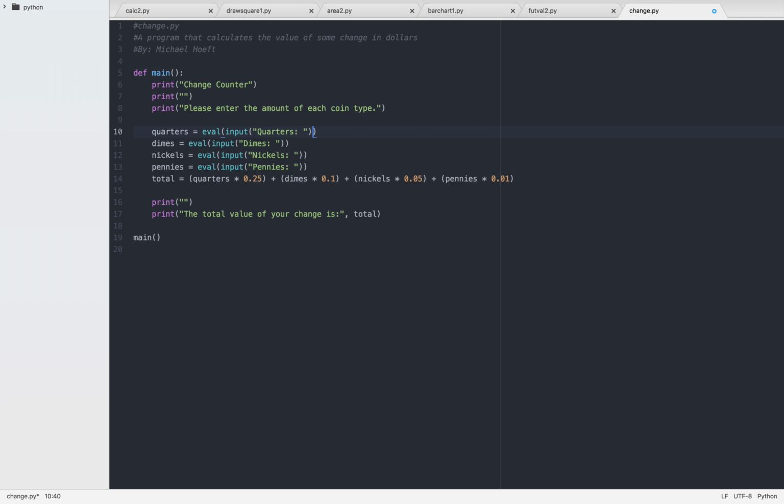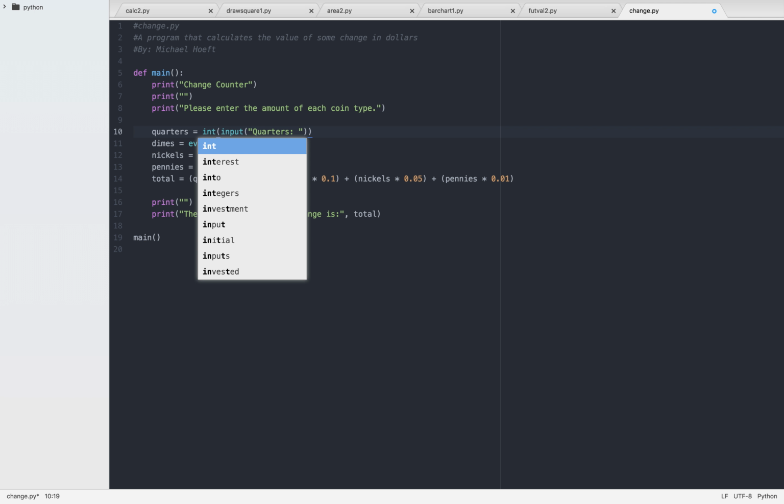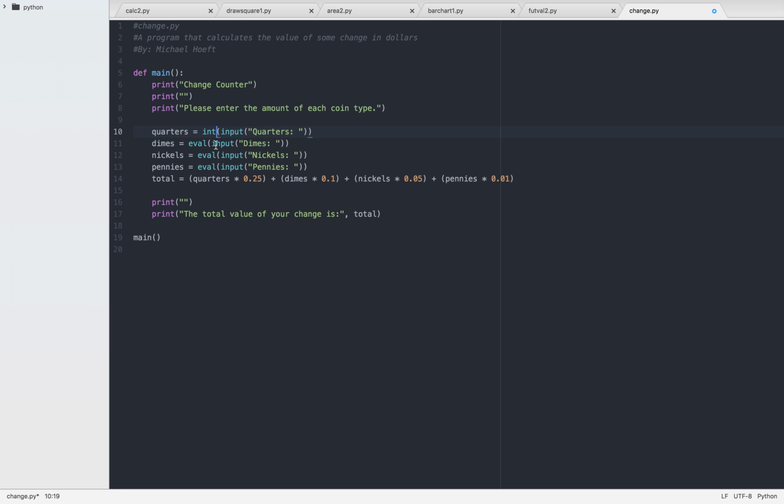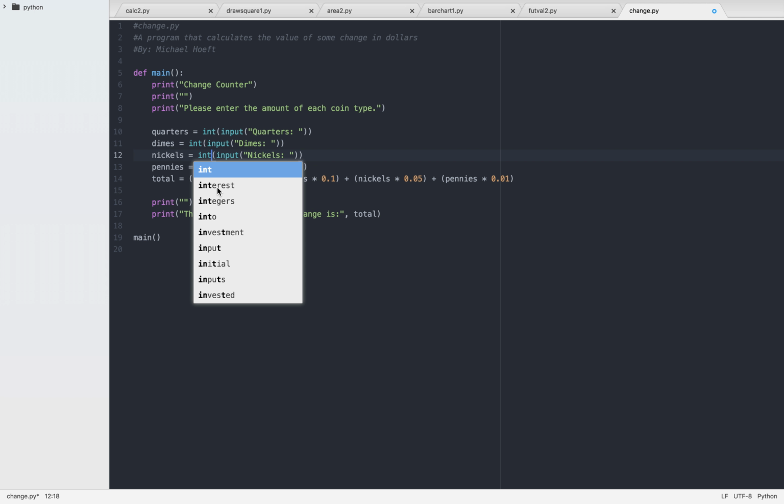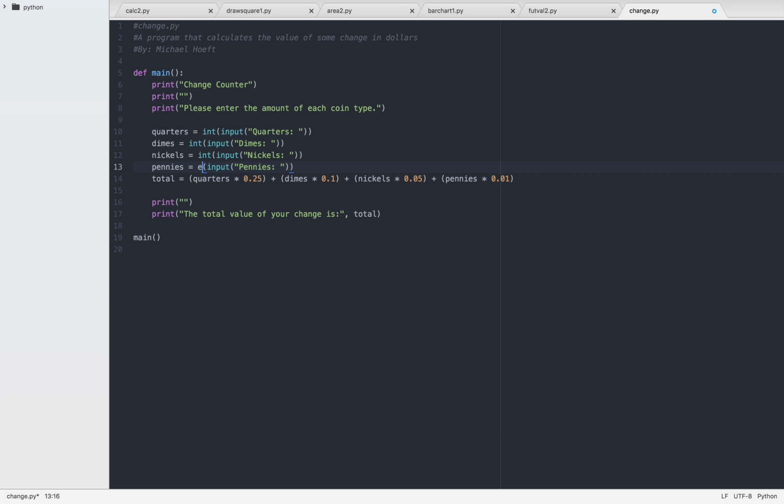It should be exact. Let's change this eval. I don't know if that's going to make a difference. Again, I'm still relatively green. So let's try int. Let's see if that makes a difference. It should. I think even though that's in the book as eval, I think as far as just the math, it might make a big difference.